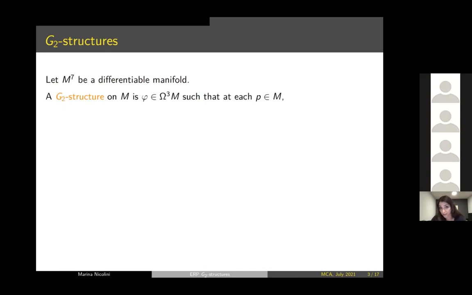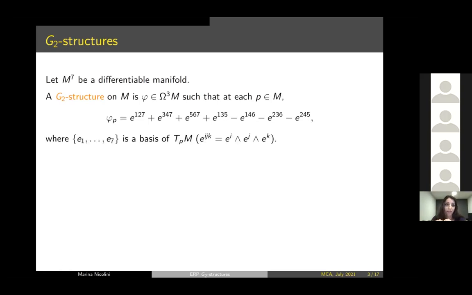And what does positive mean? It means that it can be written as this 3-form, where e_1 to e_7 is a basis of the cotangent space, and e^{ijk} denotes the wedge product of one-forms.